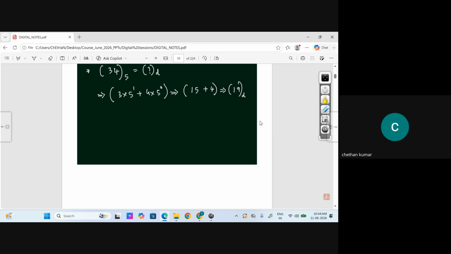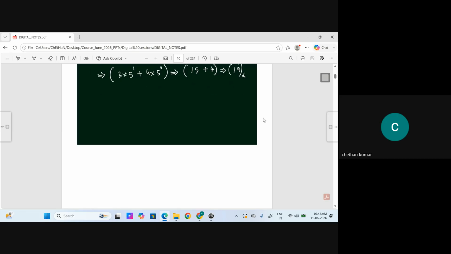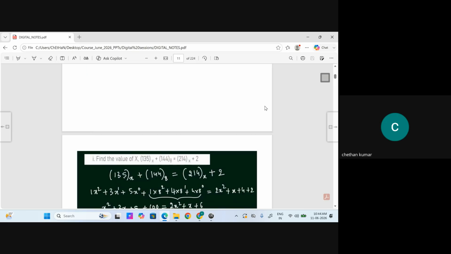In this question we understood how to convert to any other number system. For the integer part, each digit is multiplied with the weighted power, then you do the sum. For the fractional part, the weighted power is divided, then you do the sum. These are conversions to any other number system. You can do it.